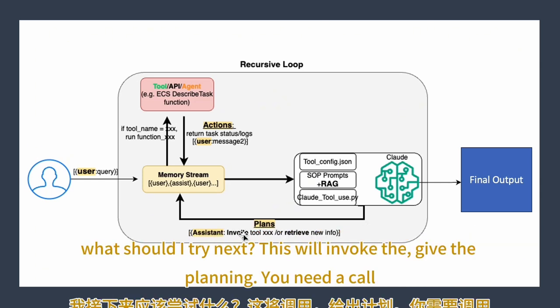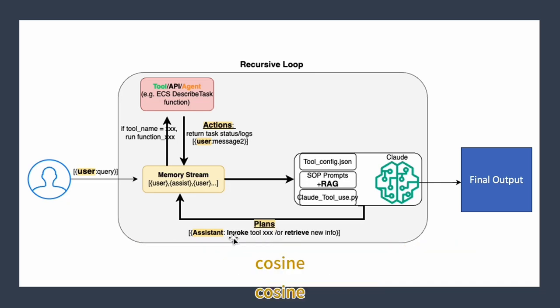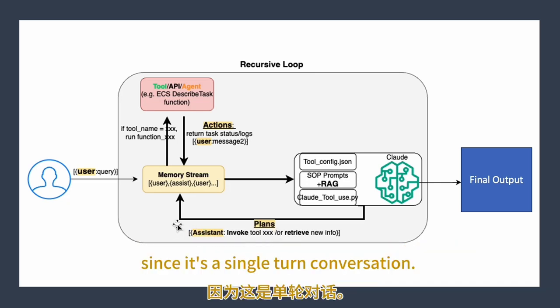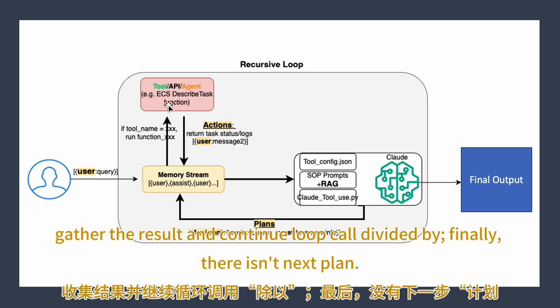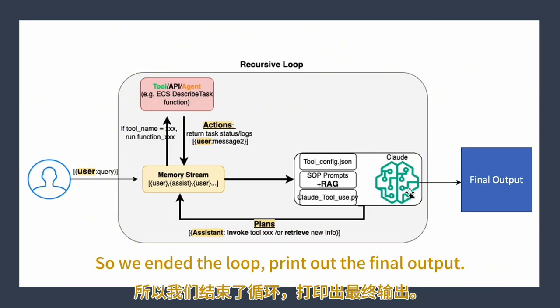Then it will give the planning, you need to call sine divided by cosine. Since it's a single turn conversation, it can only invoke tools one by one. So call the sine, get the result. Continue the loop, call cosine, gather the result, and then continue the loop, call divide. Finally, there isn't a next plan, so we end the loop and print out the final output.